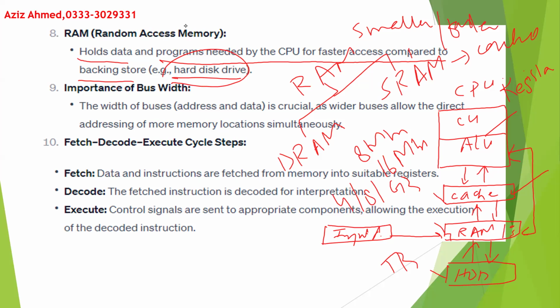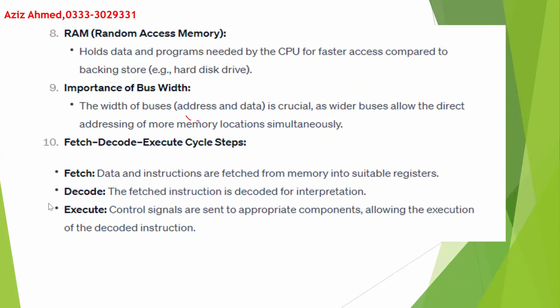Now, one thing is the importance of bus width. The width of the address and data buses is crucial, as wider buses allow direct addressing of more memory locations simultaneously.